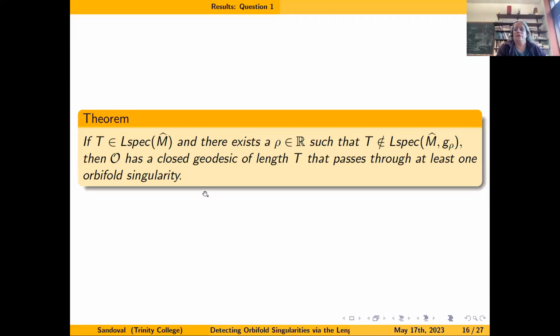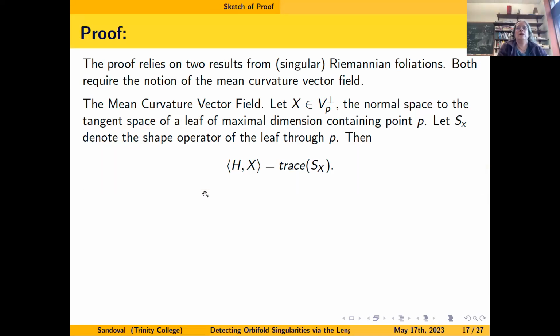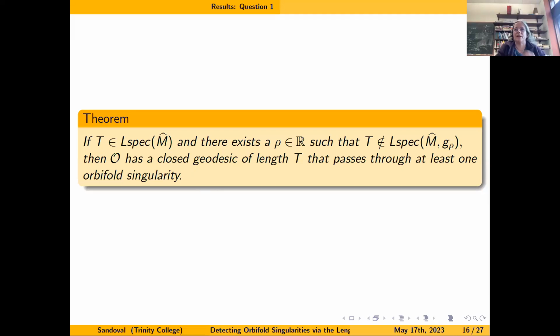Okay. Maybe I'll leave that up for a second. So this is the way of getting at the smoothly closed geodesics. So if we find a T in the length spectrum of the orbifold and it happens to satisfy this criterion, then we know that it's not smoothly closed, excuse me, and therefore that it has an orbifold singularity.